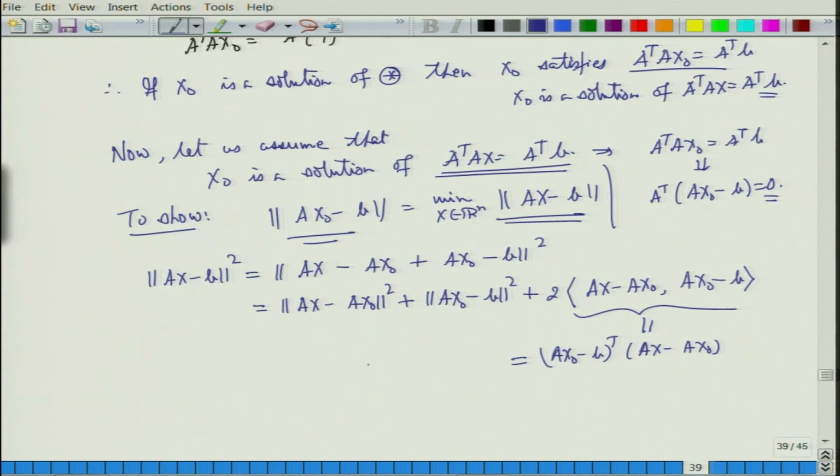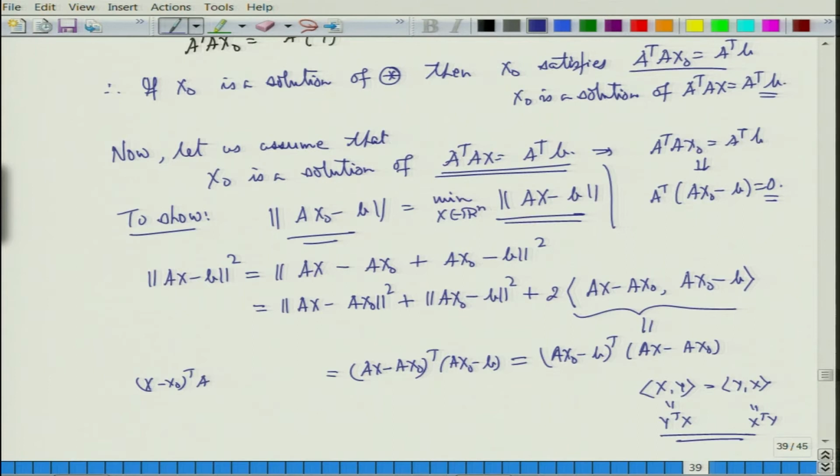So, this is same as Ax minus Ax naught transpose Ax naught minus b, because the inner product xy is same as yx for us, because this is same as y transpose x, which is same as x transpose y. Everything is real. If it was complex, then you can look at complex conjugate, you will get the same thing. So, this is equal to x minus x naught transpose A transpose into Ax naught minus b.